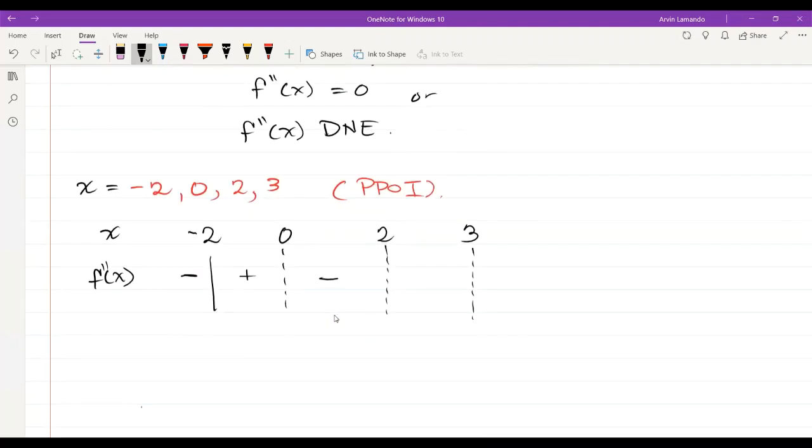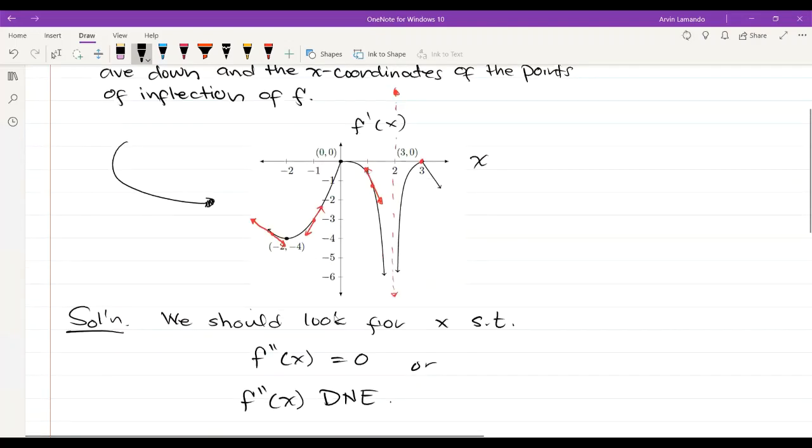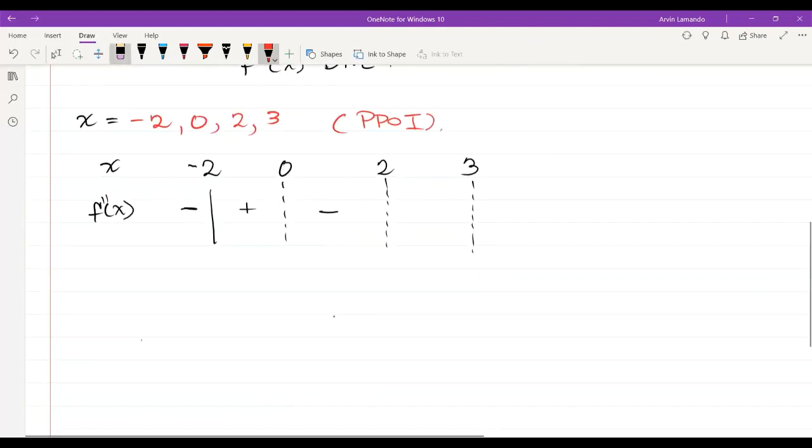When x is greater than 2 but less than 3, the tangent lines have positive slopes. Therefore, f double prime of x is positive in this interval.